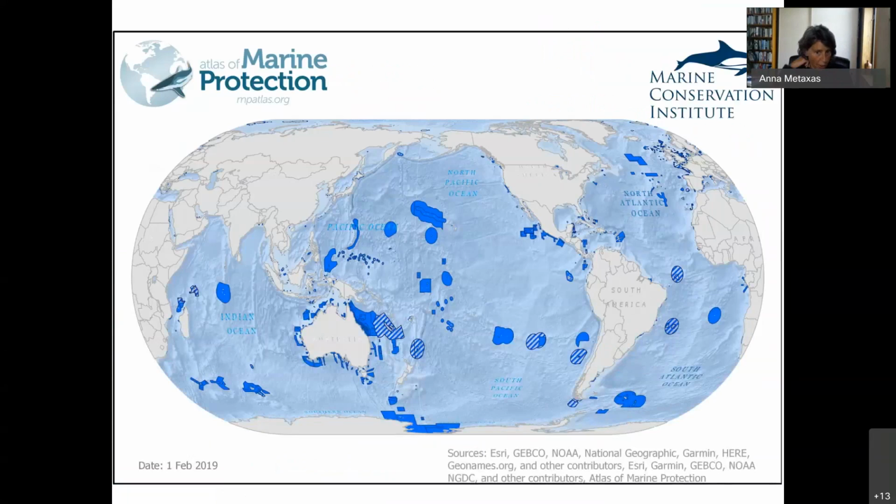So there's the globe, and here is the atlas from the Atlas of Marine Protection, where we were at. This is February 2019. And so what you see here is established in blue, protected areas, and proposed and pretty closely established in those crosshatch colors, blue. And so you can see there's the ocean.